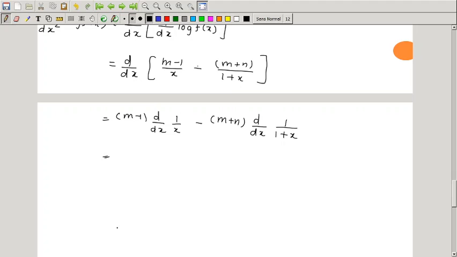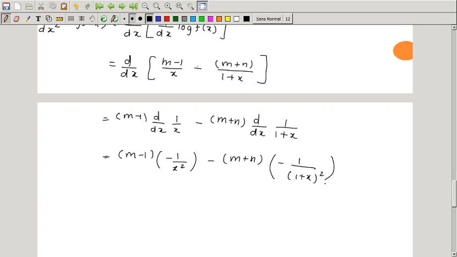Okay, so the derivative of 1 upon x is minus 1 upon x square. This, minus (m plus n), and the derivative of this is minus 1 upon (1 plus x) bracket square.